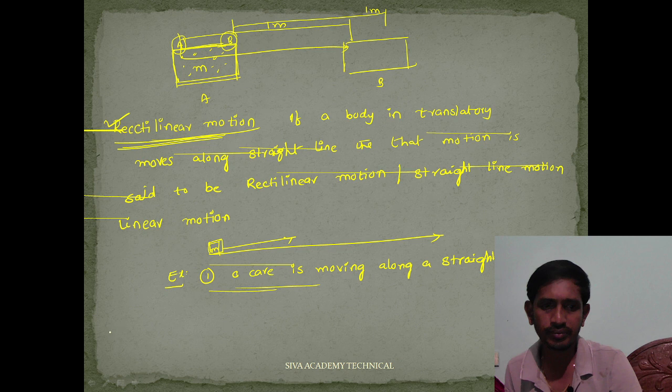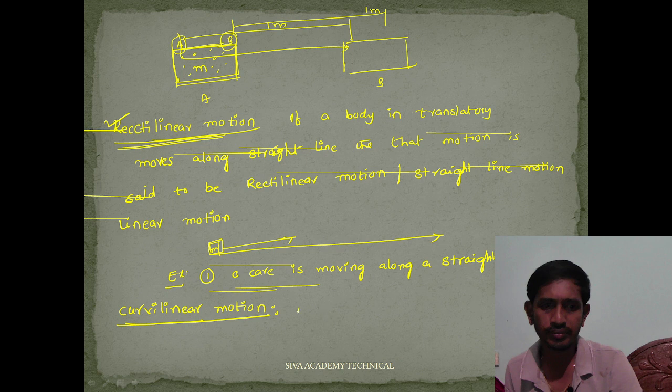So the next motion is called curvilinear motion. So what is curvilinear motion? Again, in this case also a body should be translatory and move along a curved path.